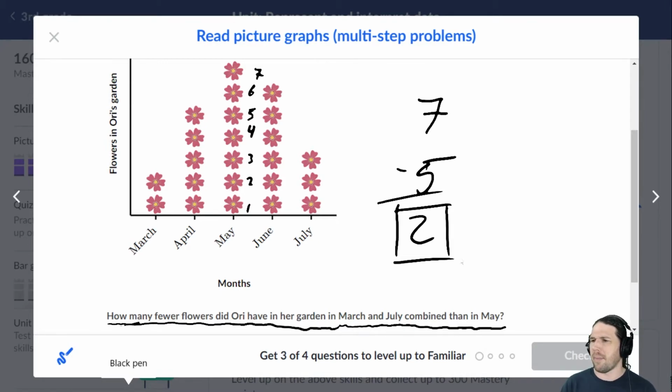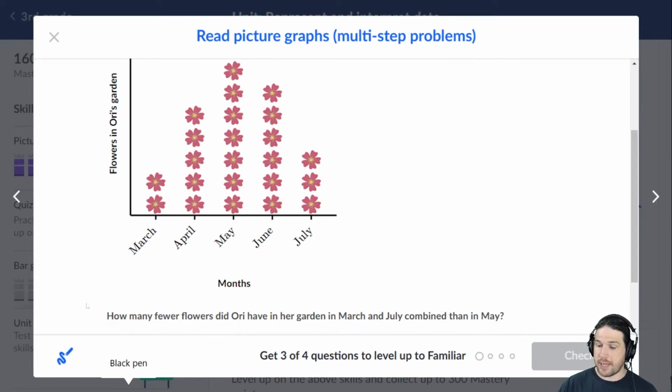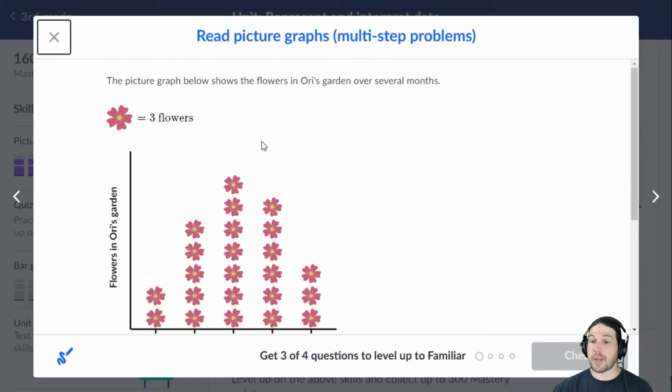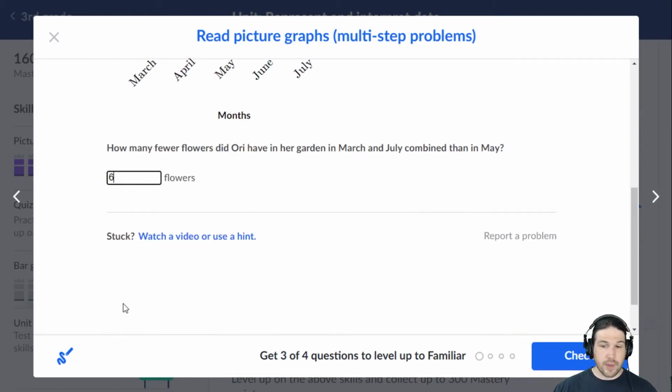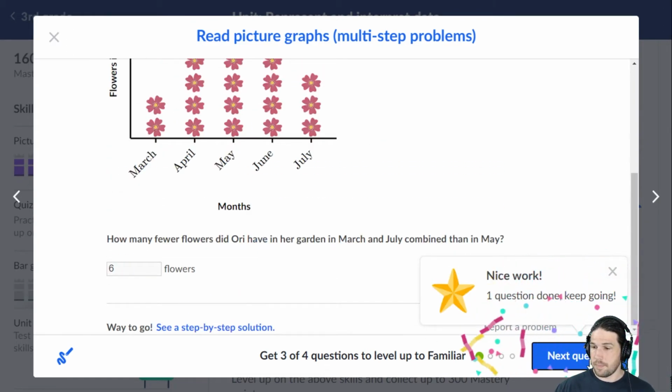I don't know, I'm a high school teacher. But anyway, that is 2 pictures, not 2 flowers. And that's another thing to remember. That's 2 pictures. Each picture is worth 3 flowers, so that's 6 flowers. Moving on.